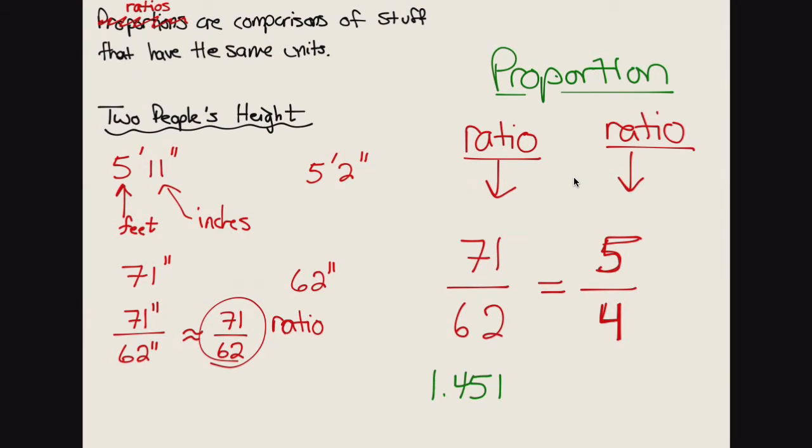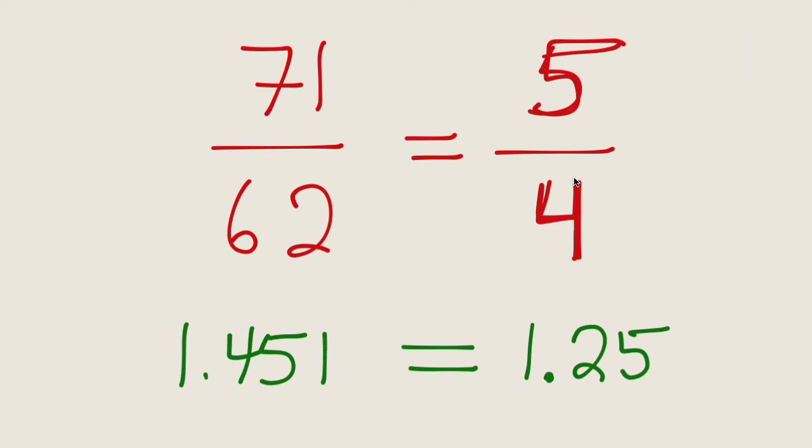Okay. Now the question is, does that equal 5/4? So right now on your calculators, take 5 and divide it by 4. And what's it equal? 1.25. So in looking at this right here, does 71 over 62 equal 5/4?